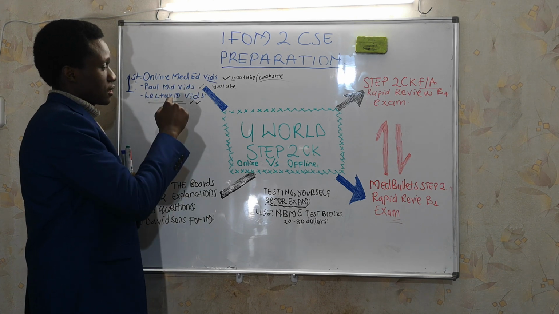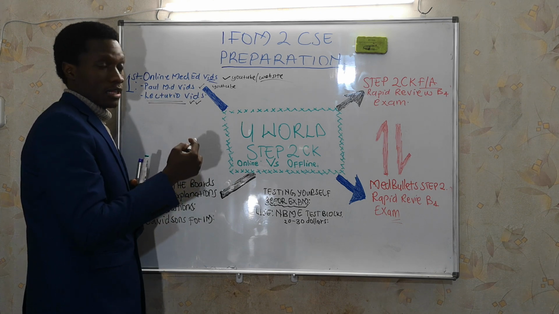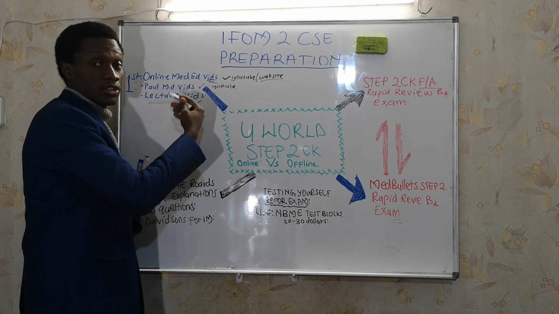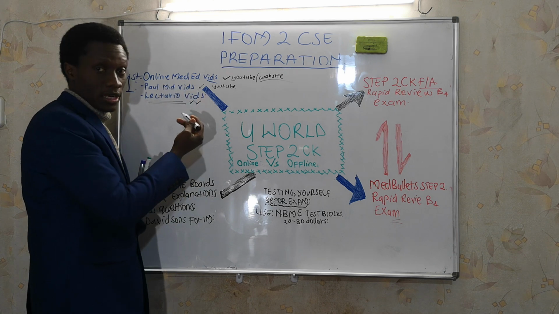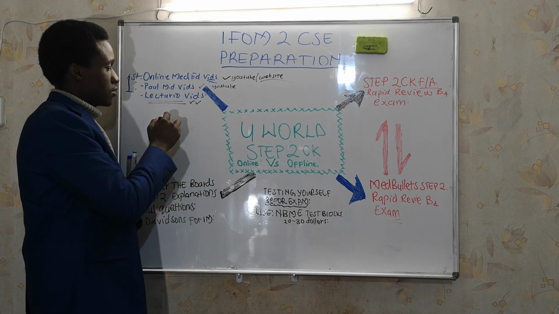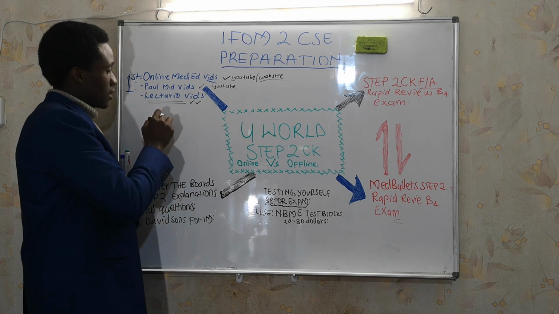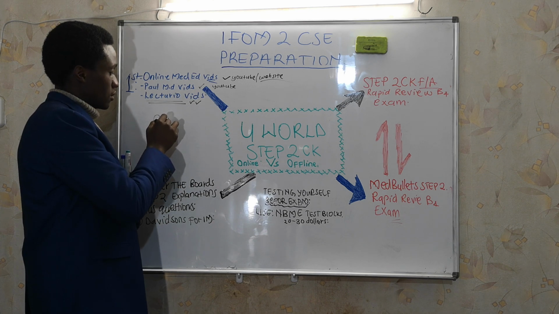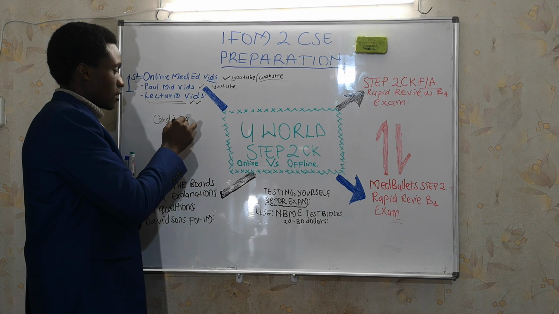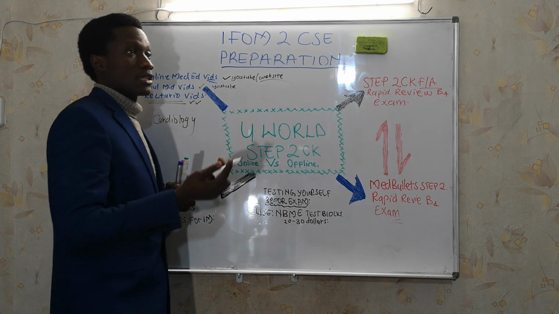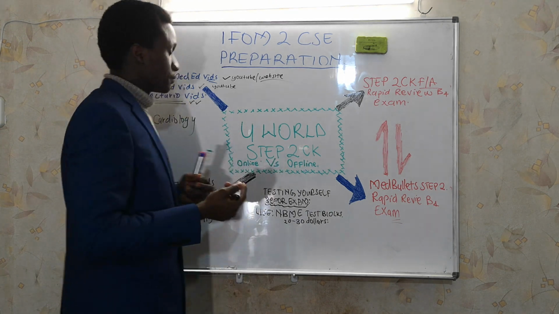These 3 sources, okay, are very good in the sense, let's say you want to decide on a source to use, because you have to choose one anyways. What you can do is go to the cardiology section and choose a topic. So let's say I choose ischemic disease of the heart, okay?